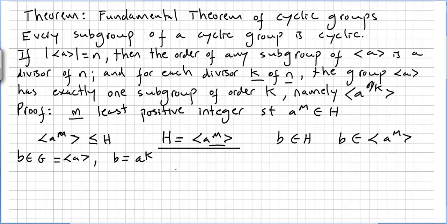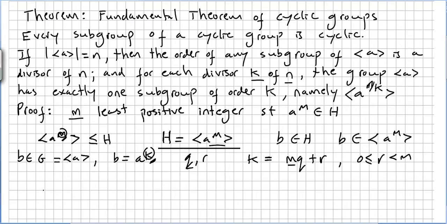Now we have to apply the division algorithm to k and m, to obtain the usual integers q and r. So we are searching for k equals mq plus r, of course under the usual conditions where r is non-negative and m is greater than r.